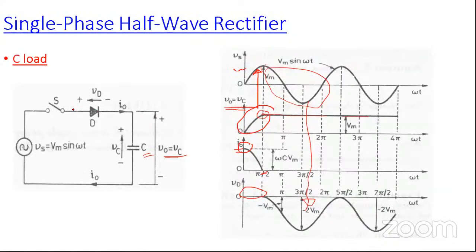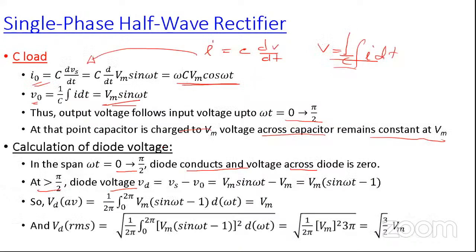Because the diode is in off condition, this point potential is Vs and this point potential is V0. So the voltage across the diode is governed by the equation Vs minus V0, and Vs, all of you know, is Vm sin omega t, and the maximum value of V0 is Vm. So this is the expression Vm sin omega t minus 1 times Vm for this period.